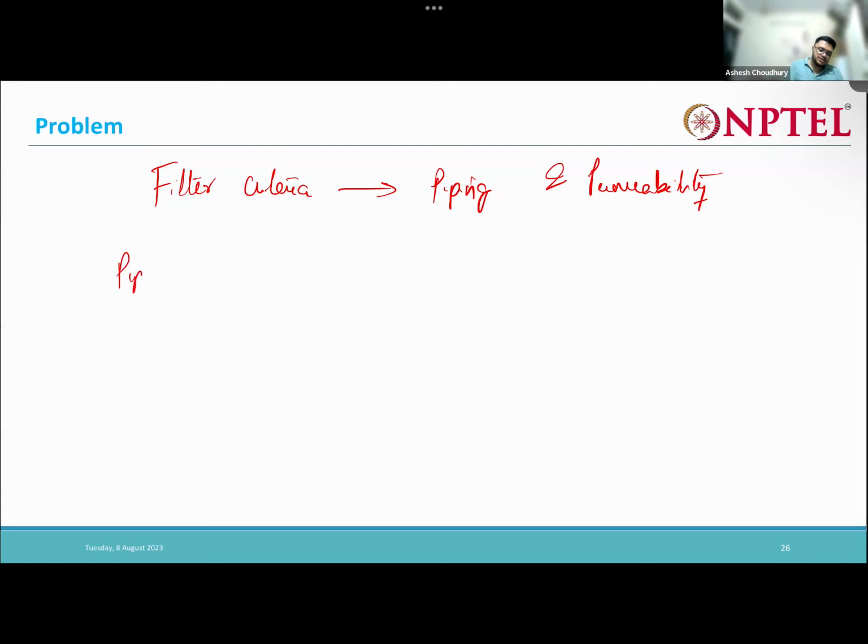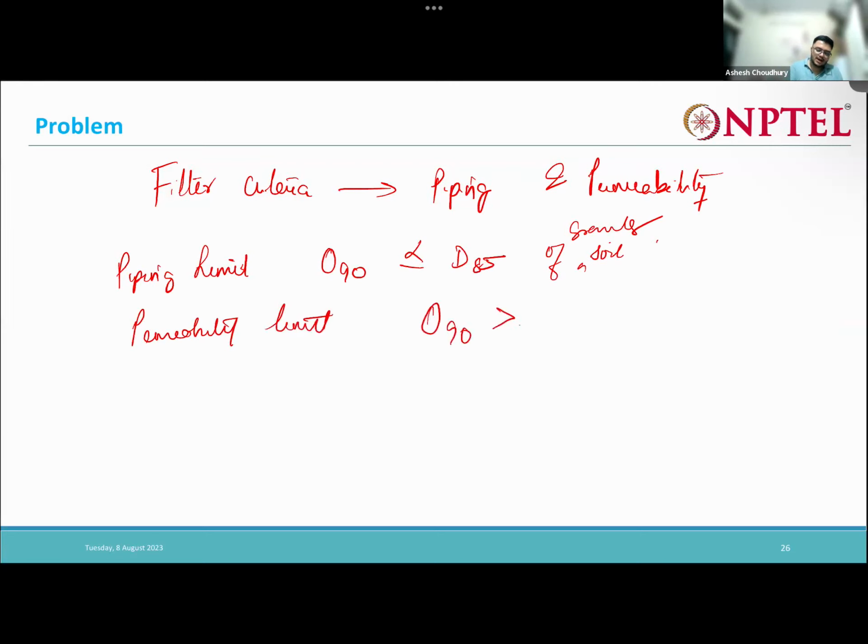We have the piping limit, where O90 should be less than or equal to D85 of the granular soil, and the permeability limit, where O90 should be greater than D15 of the soil, and O90 should also be greater than or equal to 0.075 mm.